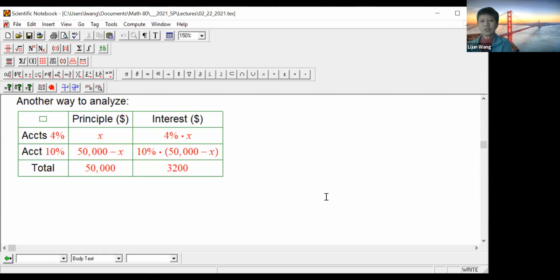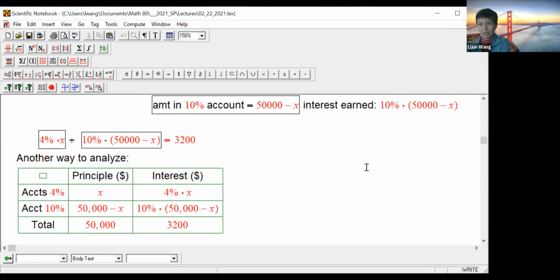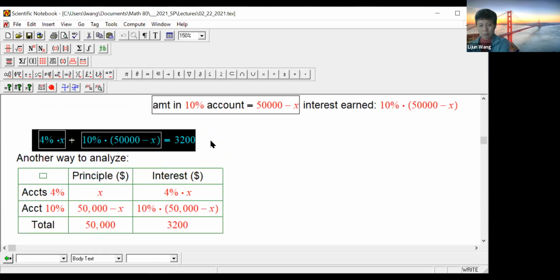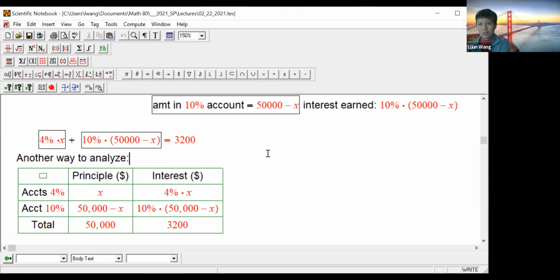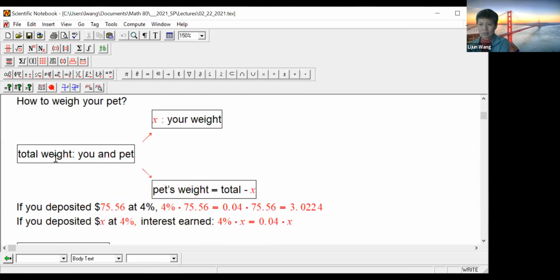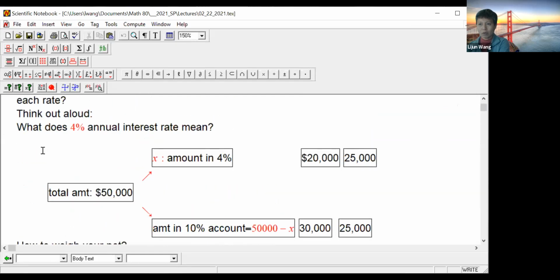Suppose your teacher asks you to do this question, and we got the equation already, right? You don't need to write all of these. All of these is what we call thinking out loud. You should do it in your scratch paper. I don't need to see that. Most of your professors don't need to see that.